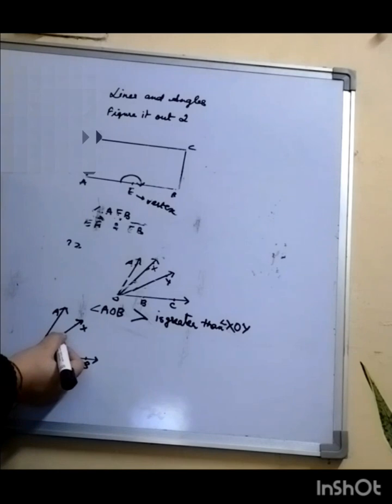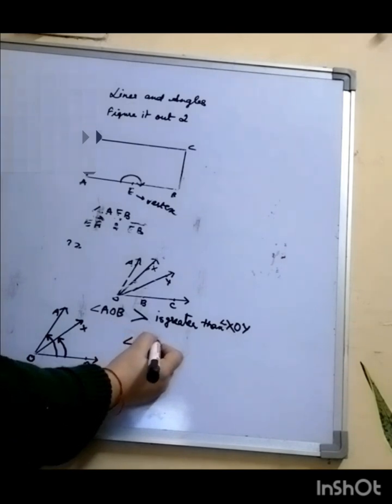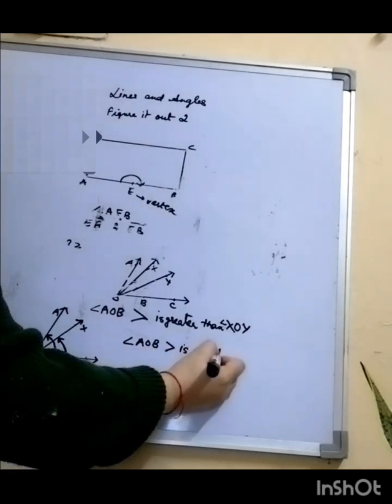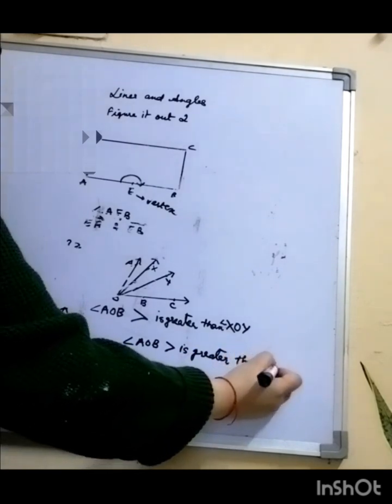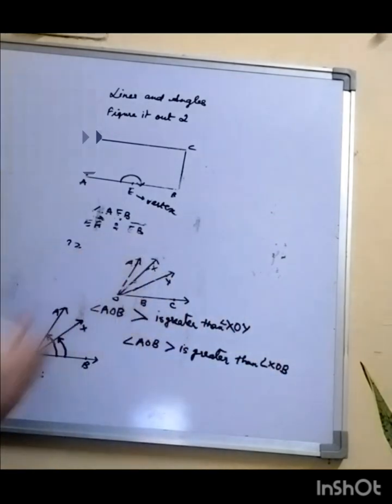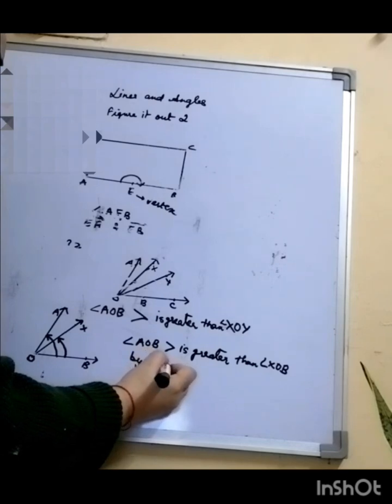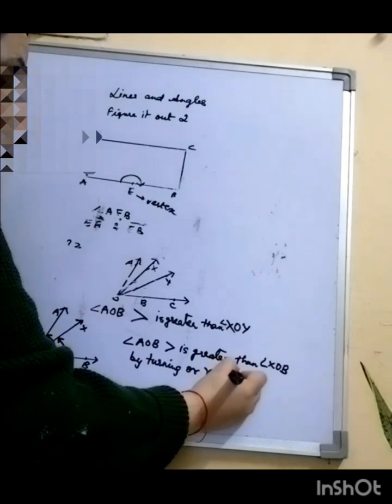Start from OB and reach OX, start from OB and reach OA. So in this case you can easily see that angle AOB is greater than angle XOB. So by turning or rotating, we can recognize it.